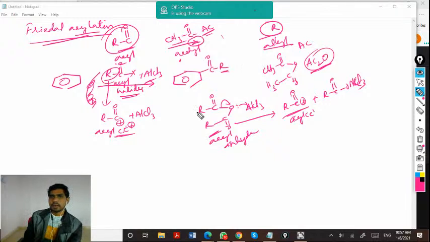So let's see different examples based on this Friedel-Crafts acylation.